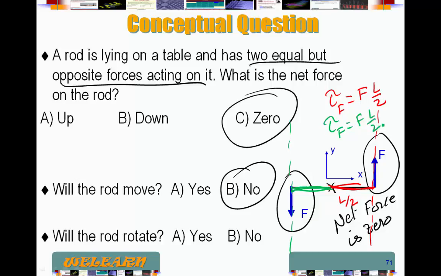Both of these torques, relative to the center, are going to be able to rotate the rod in the counterclockwise direction. So both torques are in the same direction. They do not oppose each other. They do not cancel each other out. As a consequence of that, we can conclude that the rod is going to rotate.